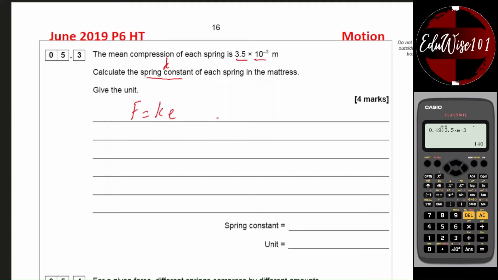So rearrange the equation. k equals, or the spring constant equals, force divided by the extension. Force is 0.49 Newton divided by 3.5 times 10 to the power minus 3 meters.